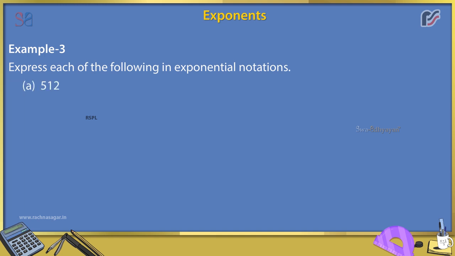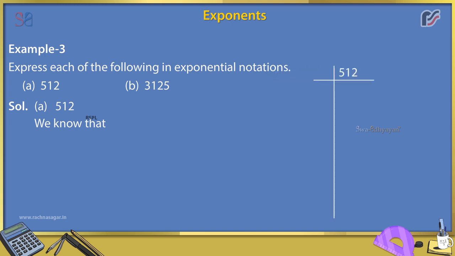A. 512, B. 3125. Solution: A. 512. We know that on dividing 512 by 2, we get 256. On dividing 256 by 2, we get 128. On dividing 128 by 2, we get 64. On dividing 64 by 2, we get 32.